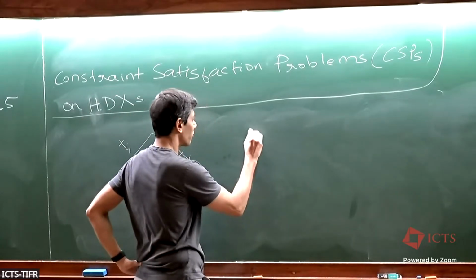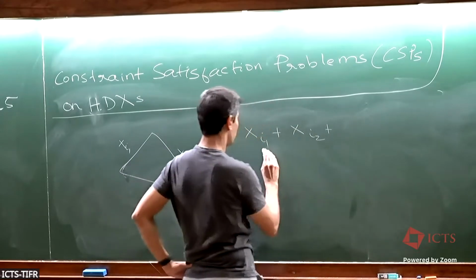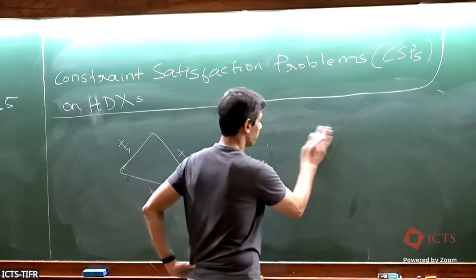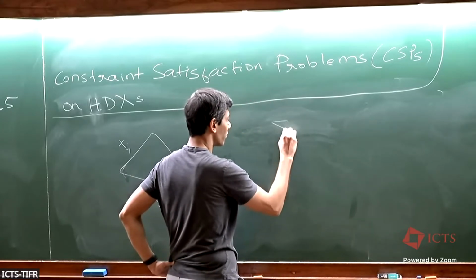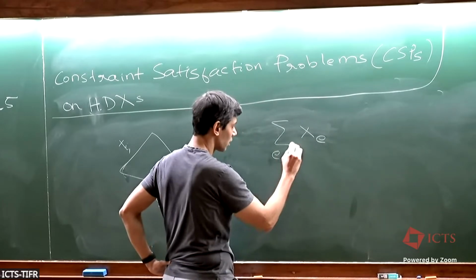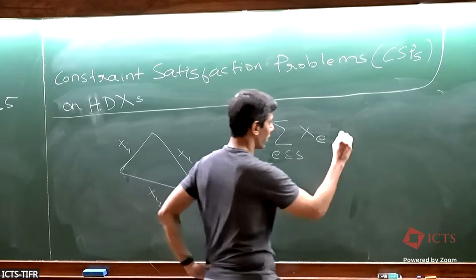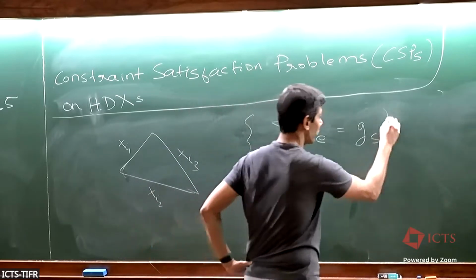So let's think of a face, which is a triangle. And let's think of an equation as x sub e, where e appears in this triangle, and think of that as some g sub t, where g is some labeling.